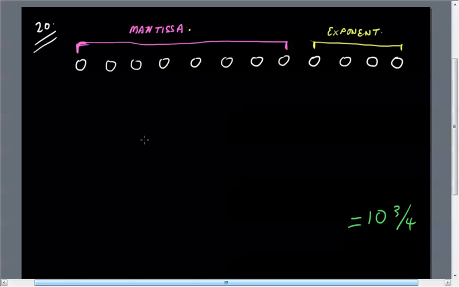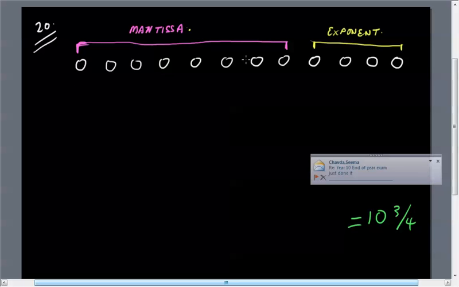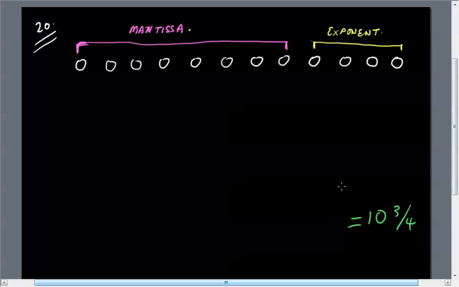Okay, so we're given a number and we have to explain why it is a floating point representation of this.